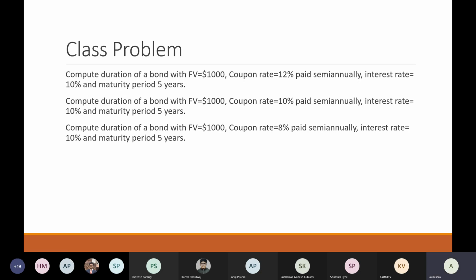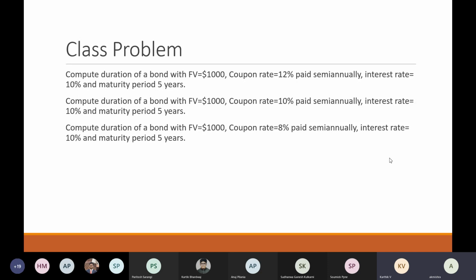Any one of you are able to at least calculate the first one? Karthik V, are you there? Yes, sir, I'm calculating.